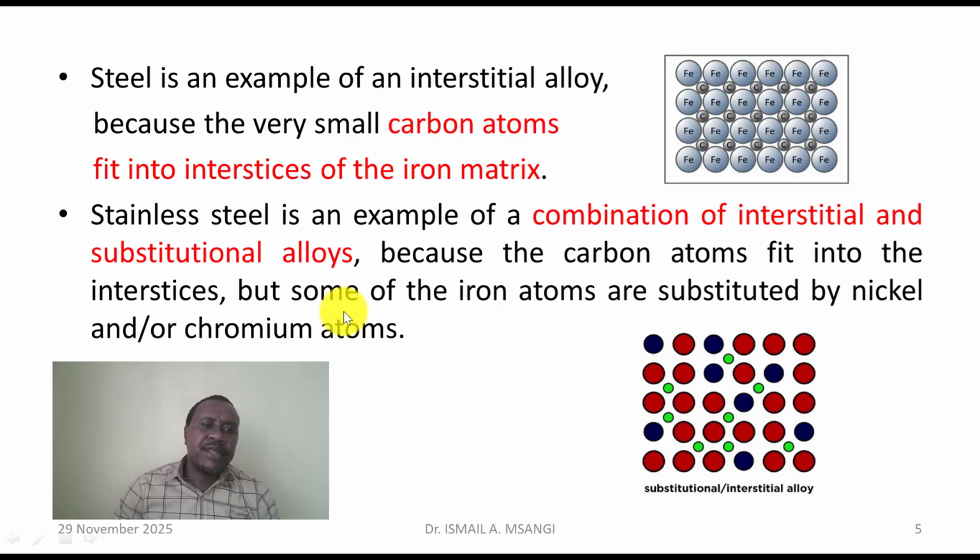For example, in this stainless steel, the material will be composed of iron, and some of the iron will be replaced by nickel or chromium, and also the carbon atoms will be trapped at the matrix of iron and nickel or chromium.